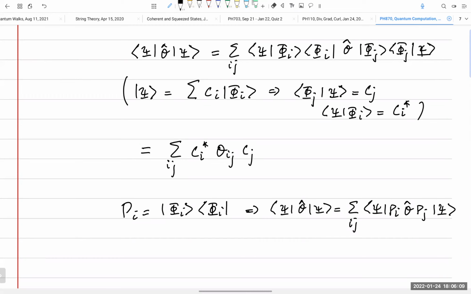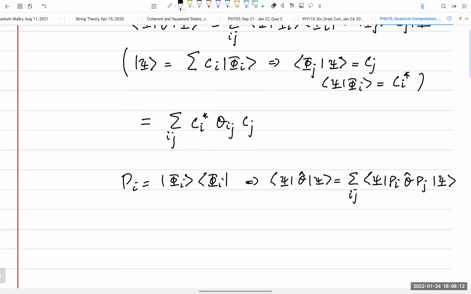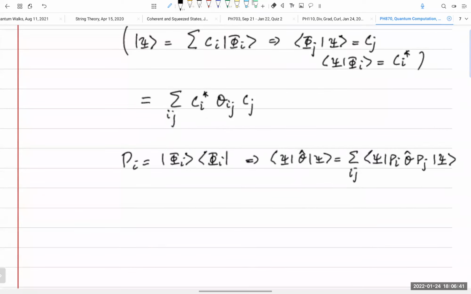So what happens in any measurement is that we are basically acting upon the state with these projection operators, and then taking the expectation value of the result of that action.